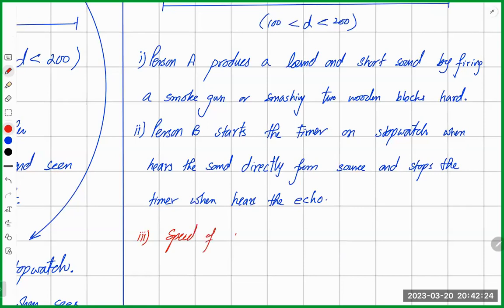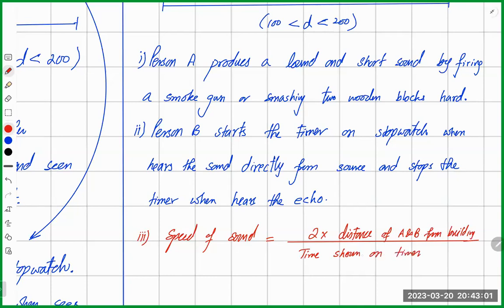Speed of sound will be 2 times the distance of A and B from the building divided by the time shown on the timer.